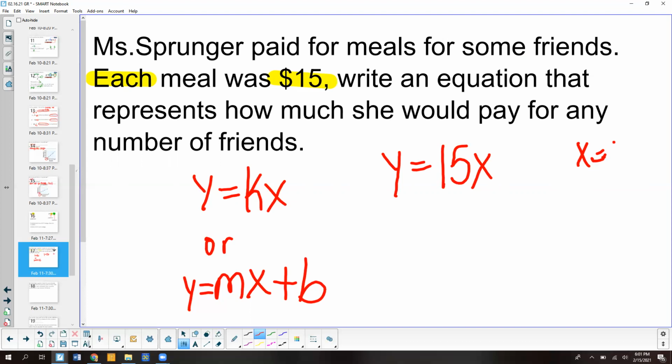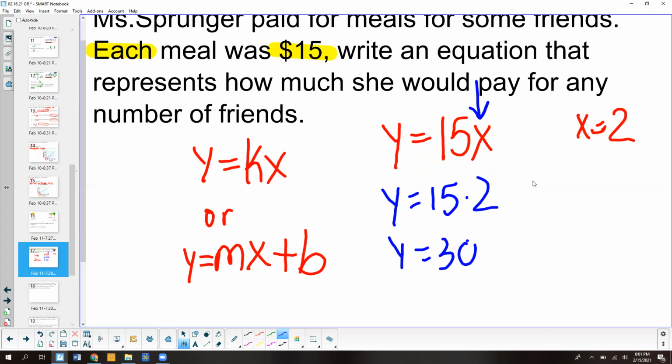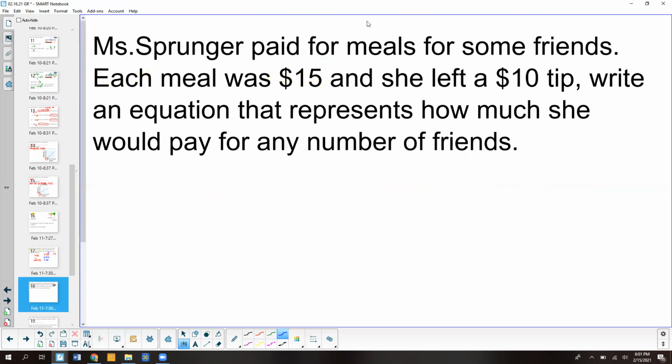If I had 2 friends coming with me, I could plug in 2 for x. So y equals 15 times 2, which gives me 30. That means for 2 friends, I would pay $30. And that's a constant relationship. It's not changing.